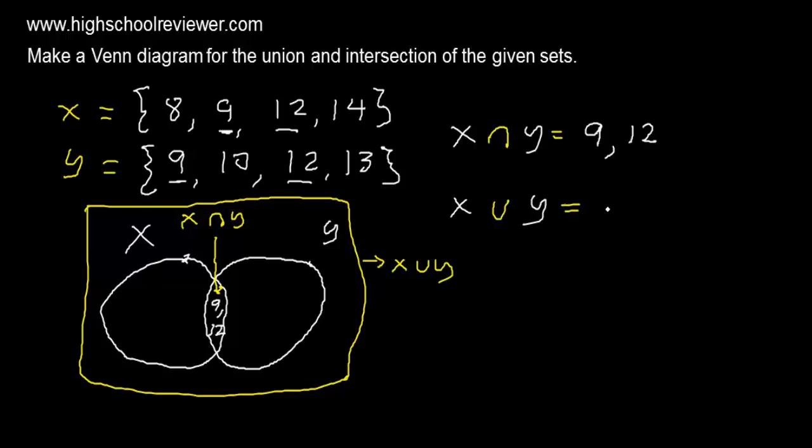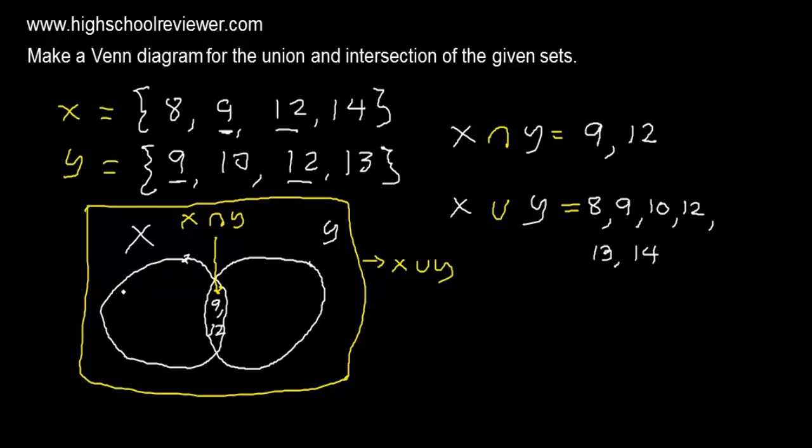We have here the element 8, and 9 is present in both X and Y. We will write it only once. We have 9, and then we have 10. 12 is present in both X and Y. We will write it only once. And then we have 13 and 14. These are the elements in the union of X and Y.